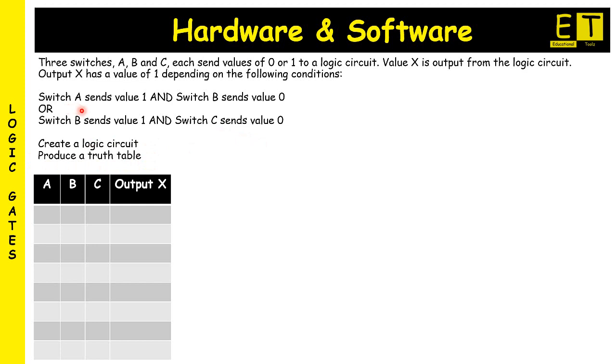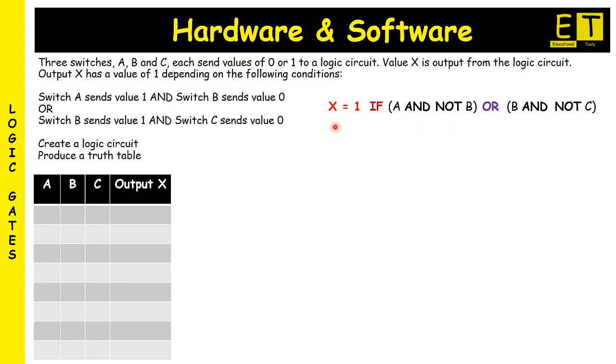So we know X equals 1 depending on the following conditions. When A is 1 and B is 0, or B is 1 and C is 0. So we know X equals 1 if A and not B, as B is 0, or if B and not C. I would recommend you to simplify your problem in your exam, as it will save you a lot of time.